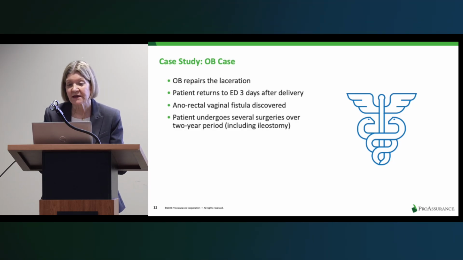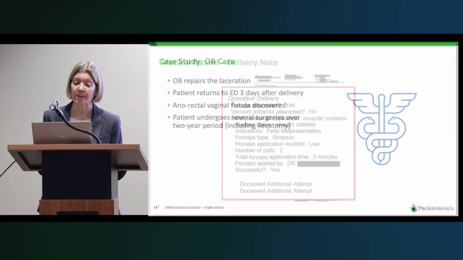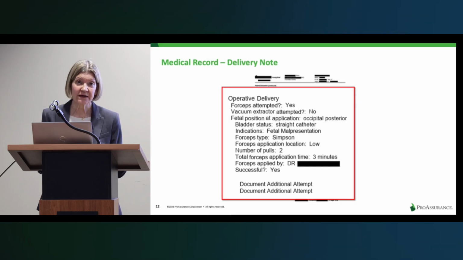Unfortunately for the OB in this case, there is only one entry that says anything about the use of forceps. There is no further explanation regarding her rationale for using forceps. And you can see here that this is likely from a template and only the most minimal information has been recorded, likely from a drop-down or checklist type menu.